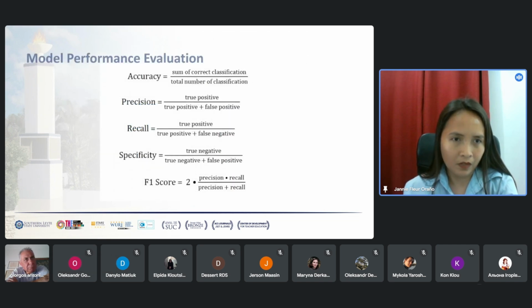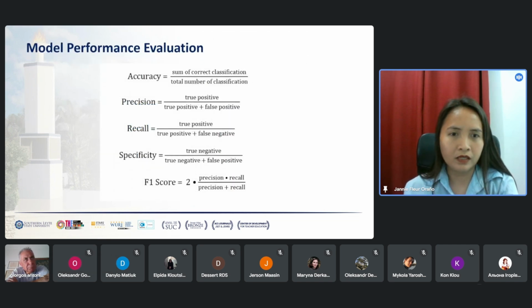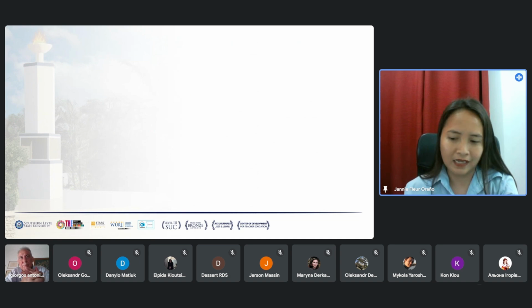The model is also evaluated using the following performance metrics, the usual ones: accuracy, precision, recall, specificity, and the F1 score. Once the model has been evaluated and enough accuracy rate has been attained, it will be loaded into an application.